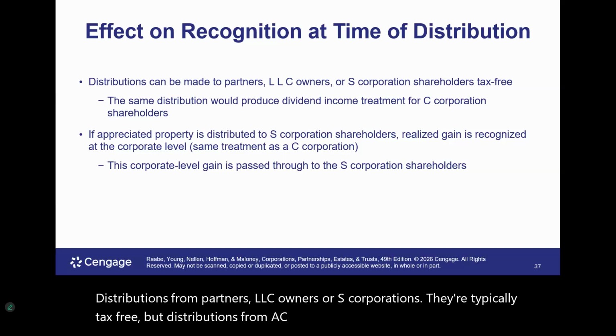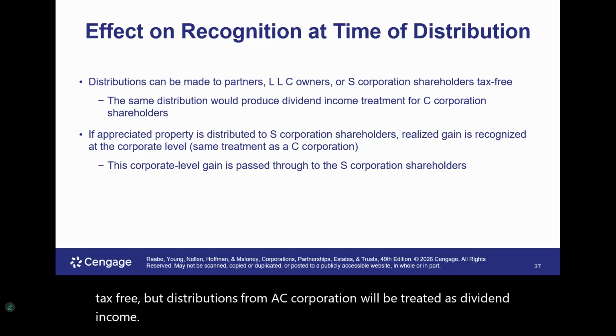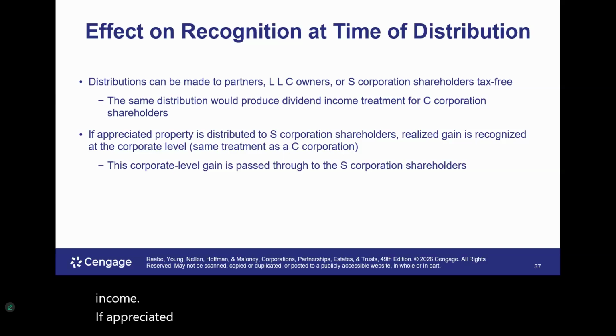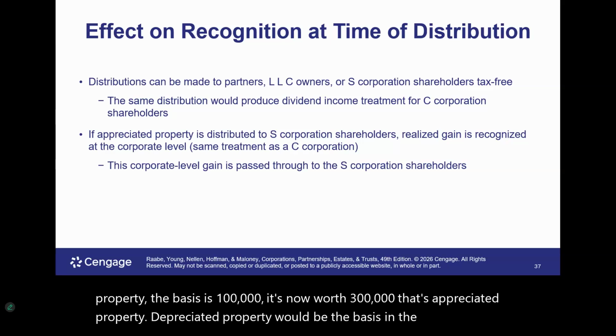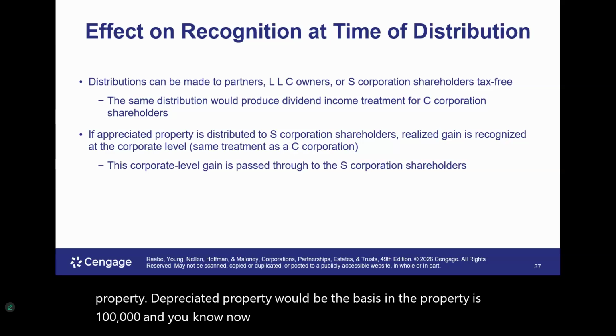as dividend income. Appreciated property, and we kind of mentioned this: if the basis is $100,000 and it's now worth $300,000, that's appreciated property. Depreciated property would be where the basis in the property is $100,000 and now the value is $70,000. It's less.